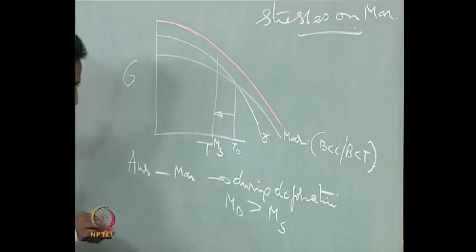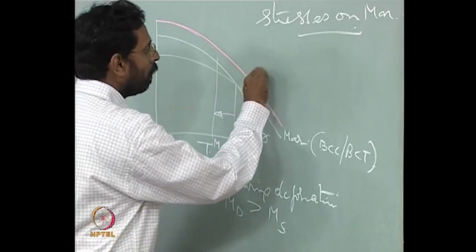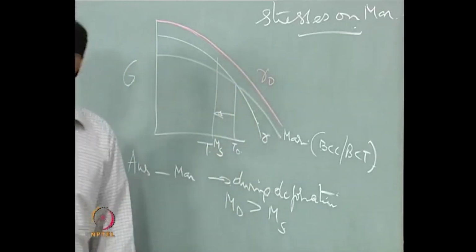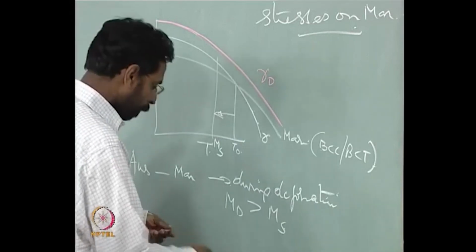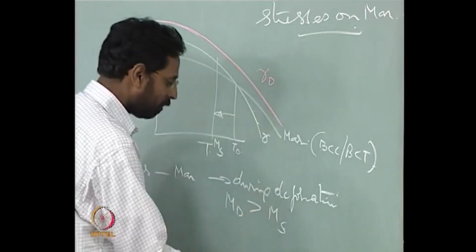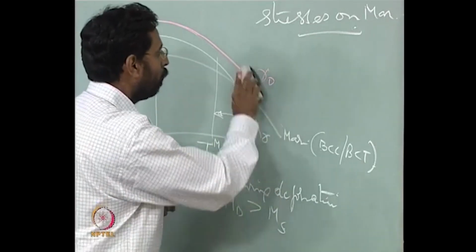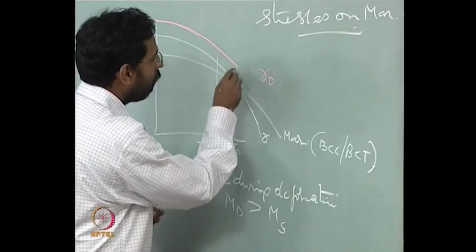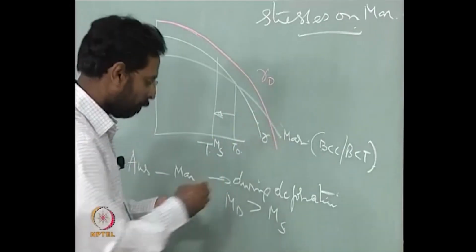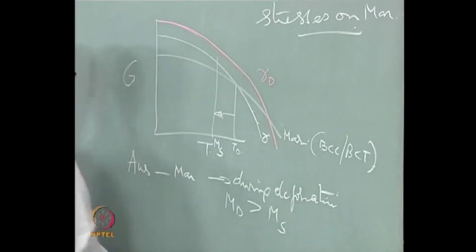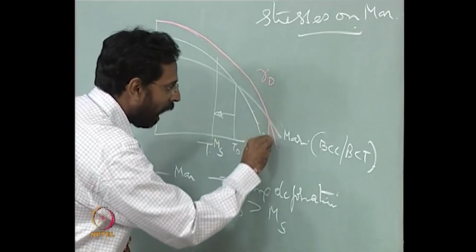Call it deformed gamma. Gamma which is deformed will have a higher free energy than the normal gamma, then obviously you will see at some temperature it has to intersect, or change the martensitic curve, whatever it is, and you would see another temperature.